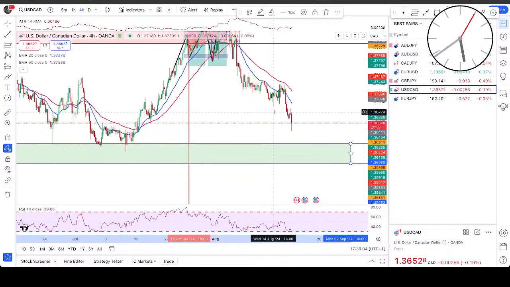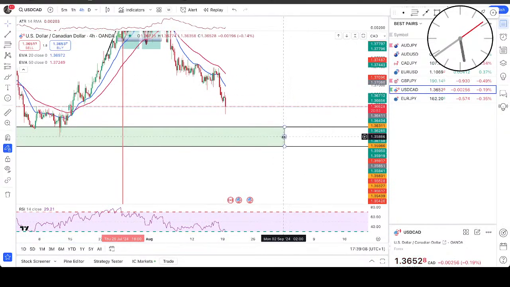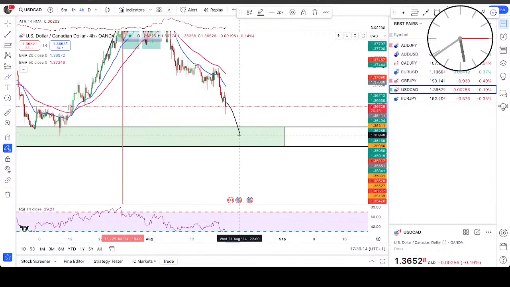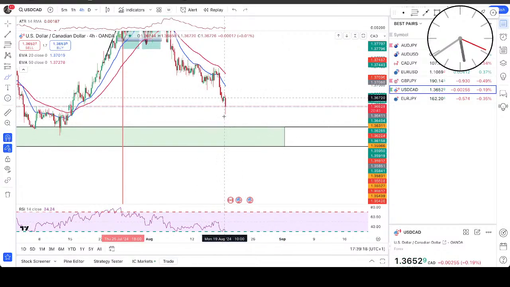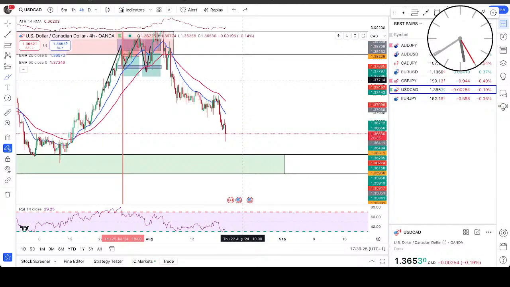July, August, yeah, so we'll be looking at this level right here. For USD CAD, 1.3565 goes to 1.3608, from where we can expect some good push up or possible reversal. Otherwise, until we are there, just look for bearish pullback trades below the 50 EMA.